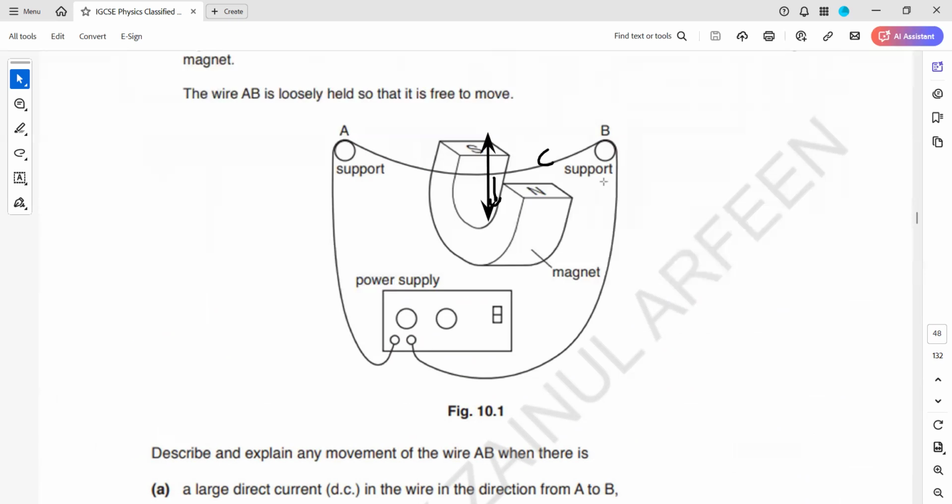Same thing happened here. This vibration of the wire may produce a sound, but we can only hear from 20 hertz to 20,000 hertz. So it might vibrate, but we may not be able to hear it because it may not be in the audible frequency range, or the amplitude of the vibration might be very low.